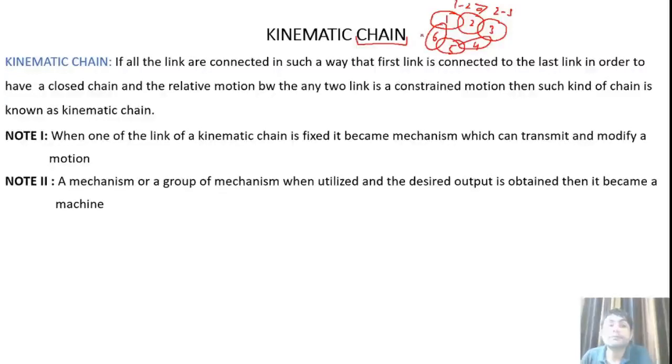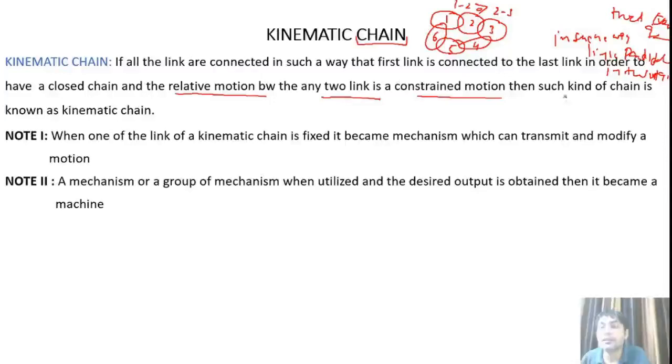So we can say that if all the links are connected in such a way that the first link is connected to the last link, every link participates in two pairs, and the relative motion between any two links is constant motion, then such a chain is known as a kinematic chain.